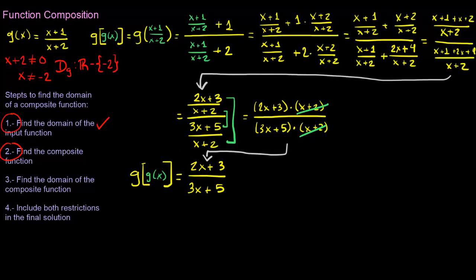Now, by doing so, we just got along with the second step. And now we have to proceed to the third step, which is find the domain of the composite function.